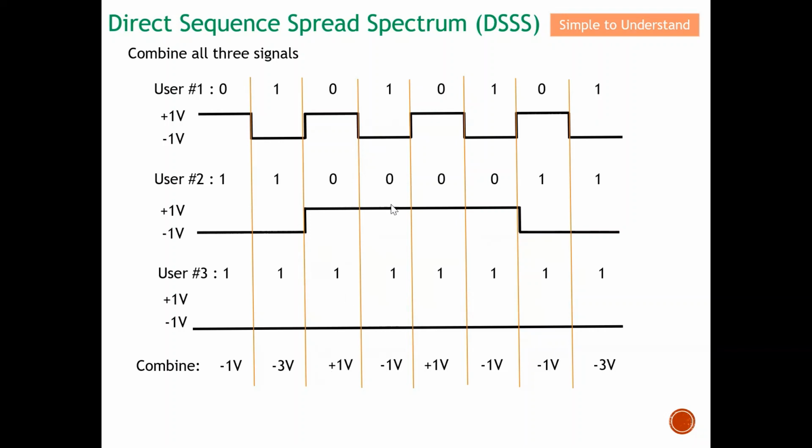Minus, plus, nothing, -1 volt. Plus, minus, +1 volt. Minus, positive becomes nothing, minus becomes -1 volt. Plus, minus becomes -1 volt. -1, -2, -3, and the final outcome will be -3.